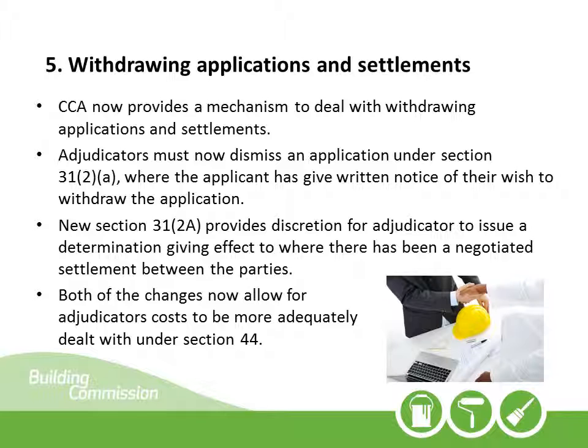Where the parties have reached settlement prior to a determination, the adjudicator now has the discretion in Section 31(2)A to issue a determination giving effect to the terms of that negotiated settlement. Both of these changes now mean that adjudicators can more adequately deal with any costs in accordance with Section 34 and 44 of the CCA.